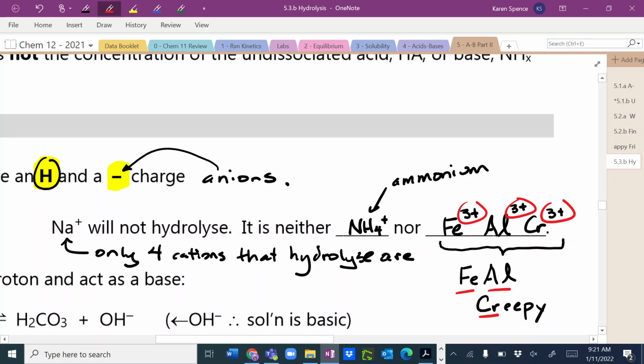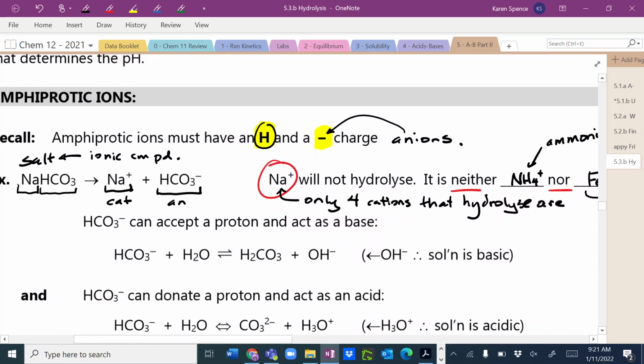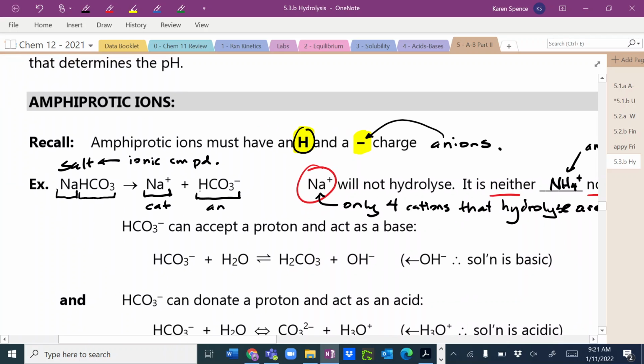That's a new one. Okay, so Na plus will not hydrolyze because it is neither NH4 nor is it one of those three metals. So cation will not hydrolyze. However, our anion has both an H and a negative charge.